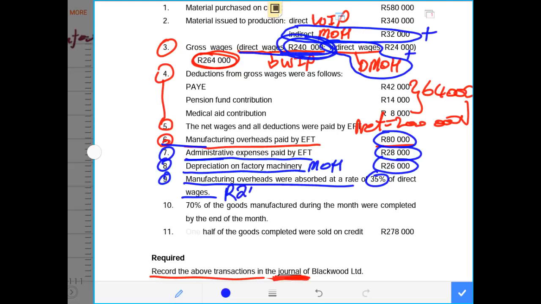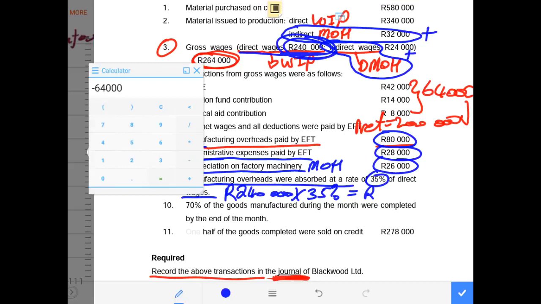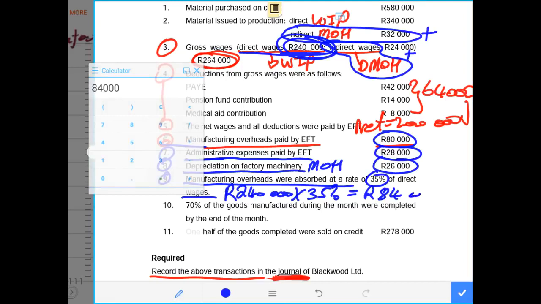So now we say 240,000 rands of the direct wages. We multiply this by 35%, and this will give us the applied or the estimated manufacturing overheads, which is 240,000 rands times 35%, and this will give us an amount of 84,000 rands. This is applied manufacturing overheads.